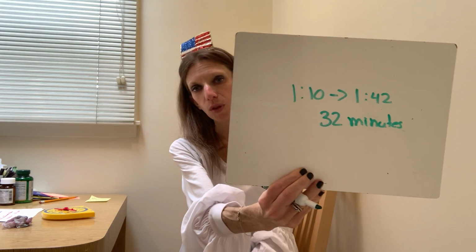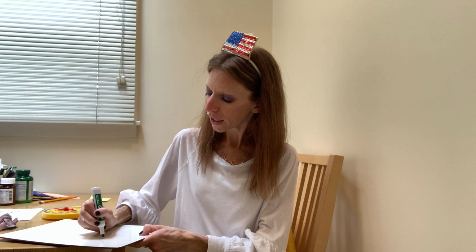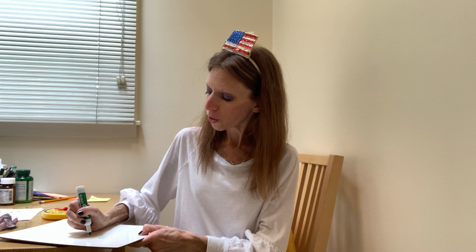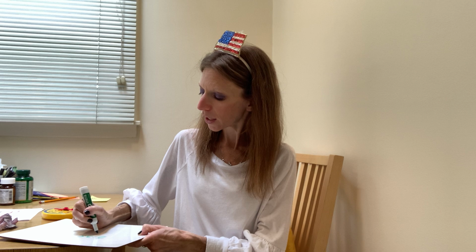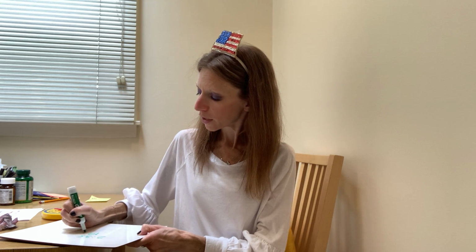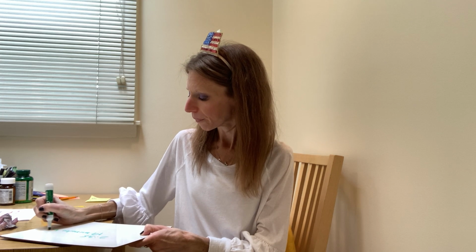Okay, and we'll review the last type of elapsed time problem that we did, when I gave you the start time and you found the end time. We did a lot of practice with this last week, so I'm going to give you one example. I'm going to say it is 2:35, and let's say 19 minutes later. What is the end time?